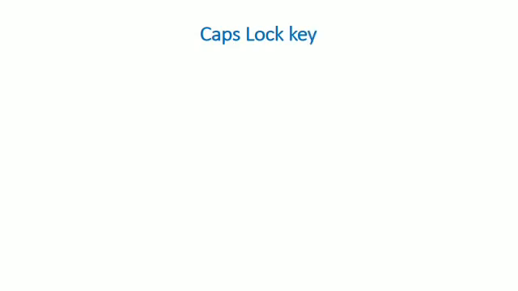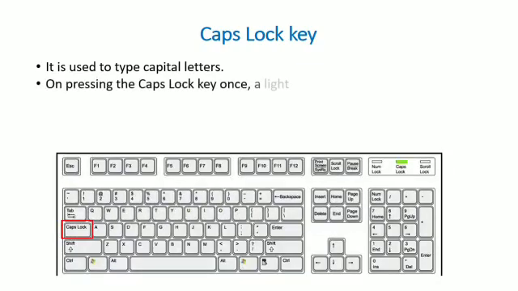Next one is caps lock key. It is used to type capital letters. On pressing the caps lock key once, a light glows on the top right corner of the keyboard. Here you can see on our keyboard we have caps lock.